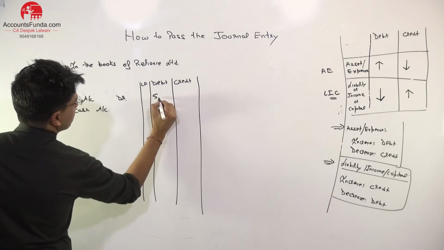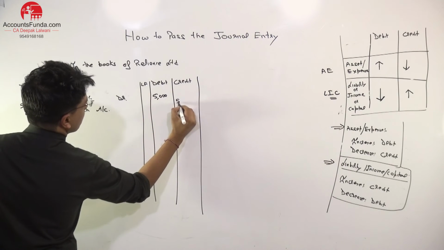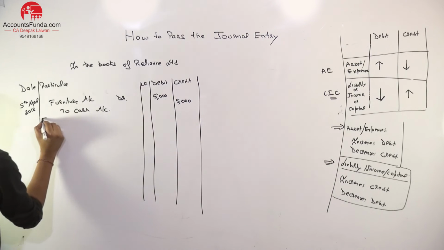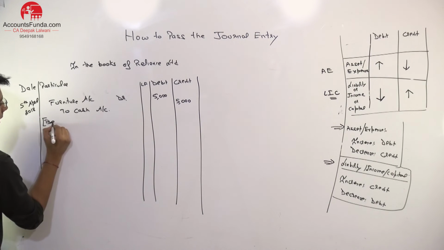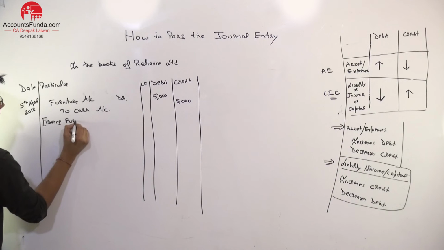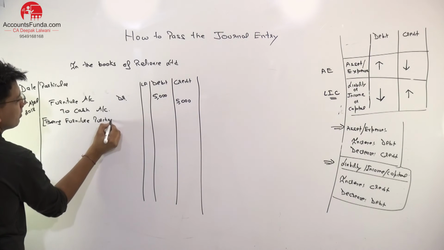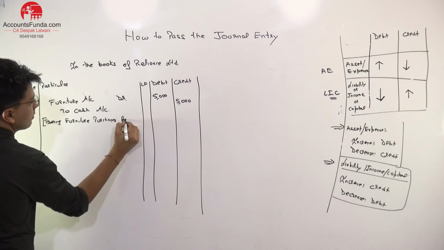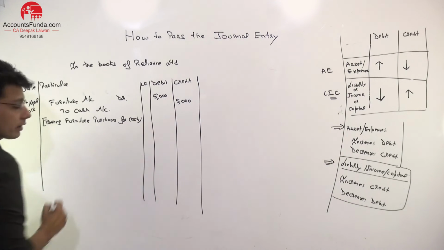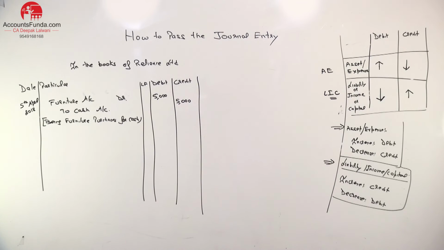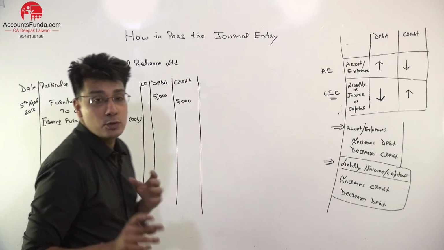Let's suppose the company has purchased furniture of rupees 5,000. So the company will do the entry like this: being furniture purchased for cash.